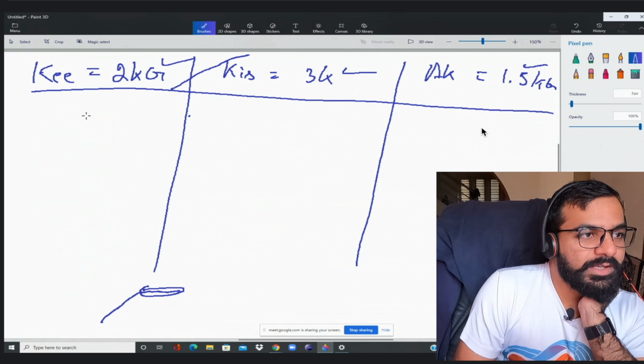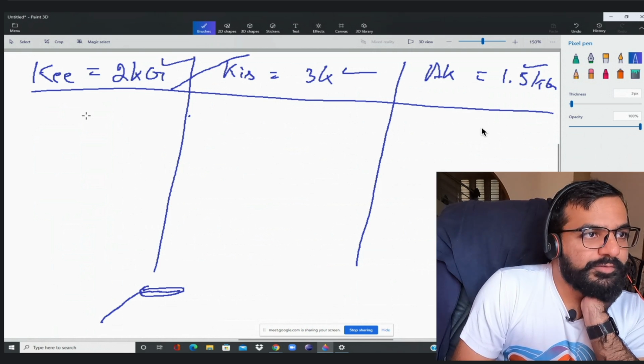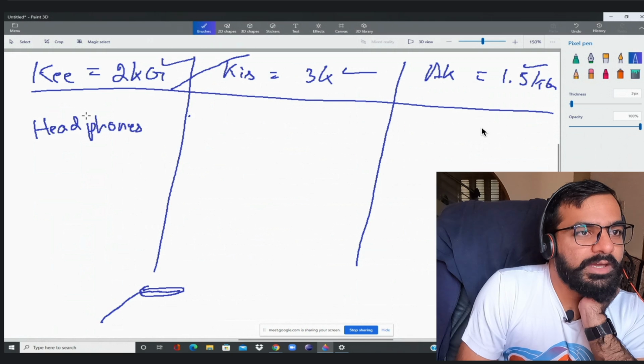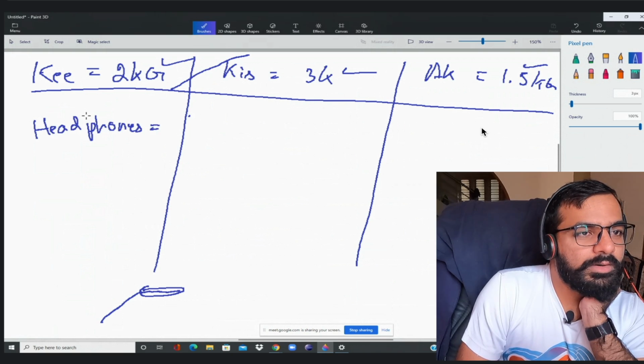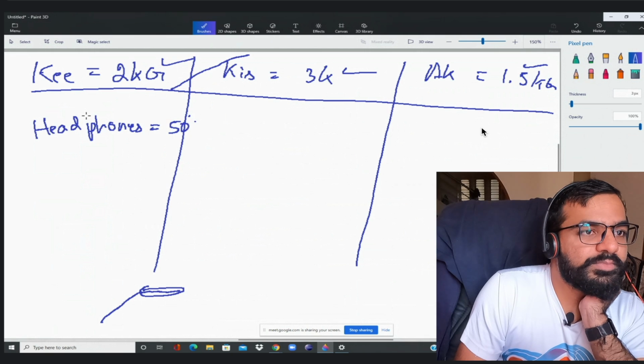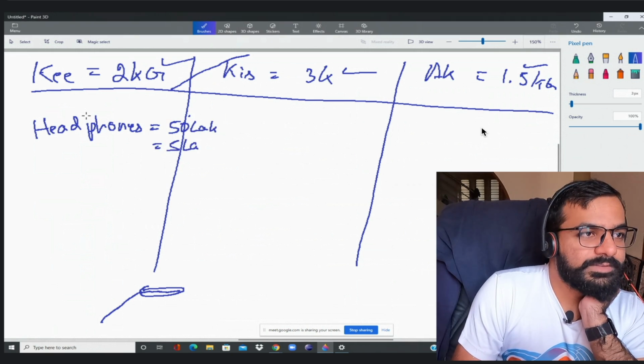Probably I will come up with an idea saying that I am making some headphones. Every year I have sales of around 50 lakhs, with a profit of around 5 lakhs in 1 year.